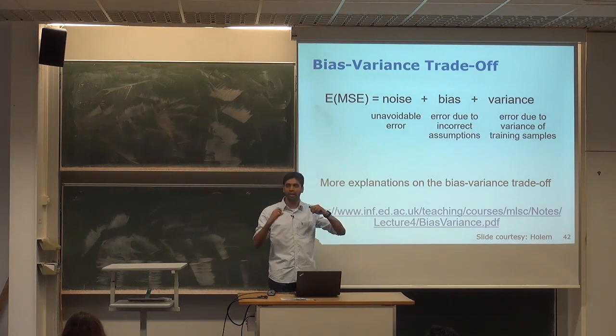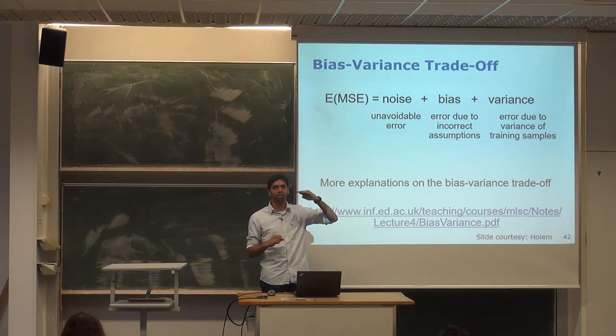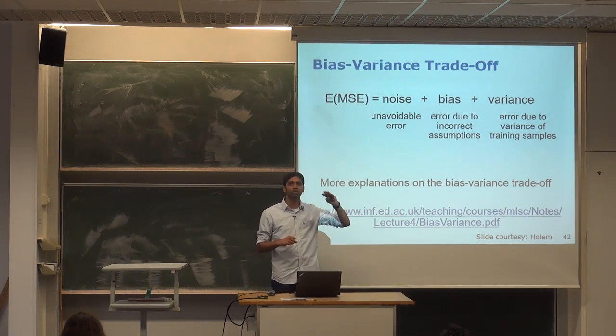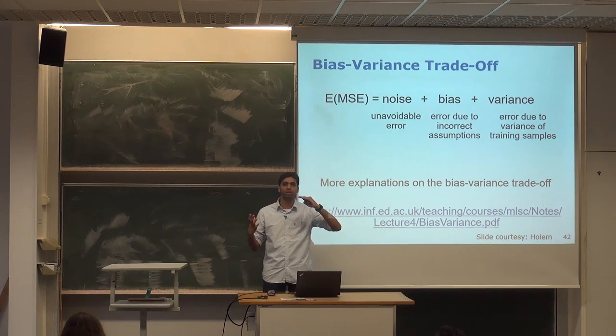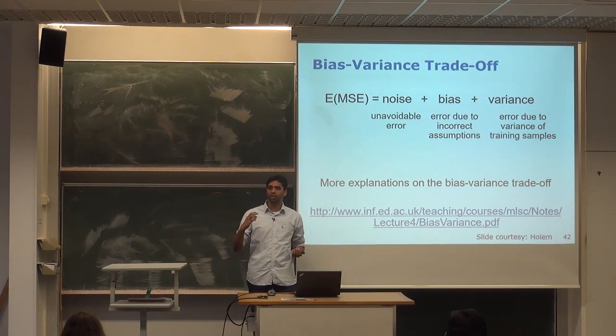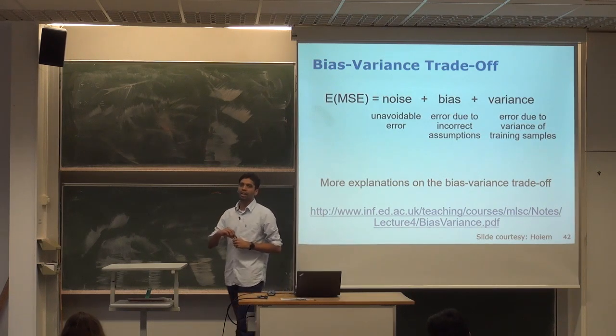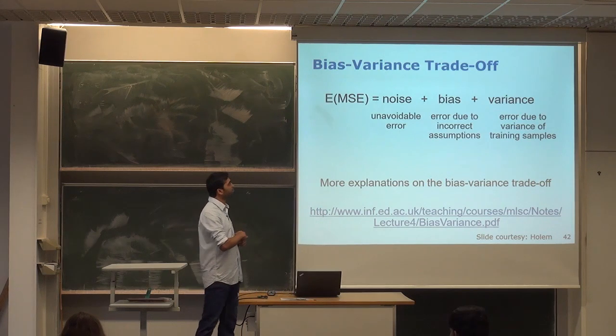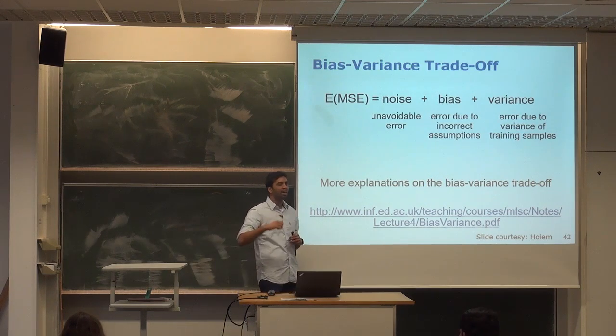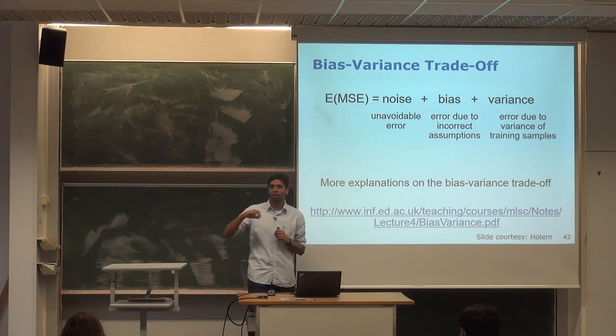They are somehow related. So if you have too simple a model, your bias will be high, maybe the variance is low. Whereas if you have too complex a model, your variance will be high, but the bias will be low. So you need to come up with a sweet spot where you are able to explain the trend, but also not get caught up in the noise.